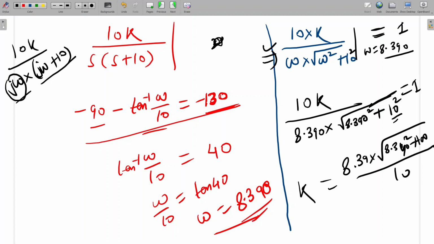8.390 into the square root of 8.390 square plus 100, divided by 10. Is it incorrect? One second. 8.390.